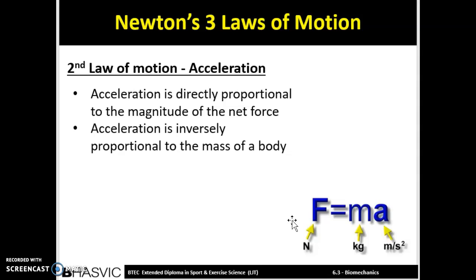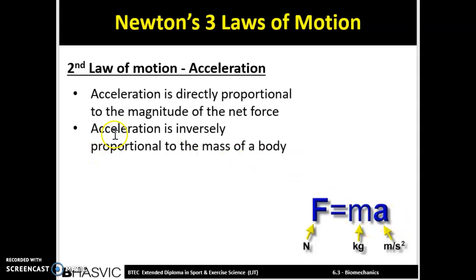The second law of motion, of acceleration, means that acceleration is directly proportional to the magnitude of the net force, meaning that as the net force increases, the acceleration also increases, which is given by the formula F equals ma, which is force equals mass times acceleration.